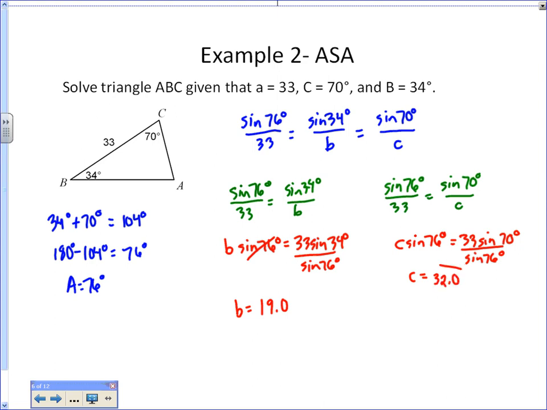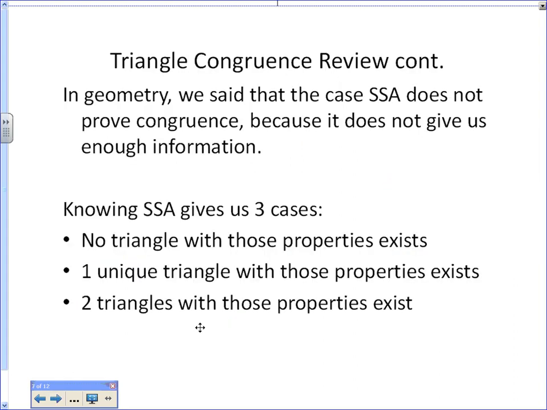So that's different. I was worried for a second we were doing the same exact problem again. That would be bad. Okay, so that's how we would solve for angle, side, angle. Now on the next video we're going to talk about a separate case which makes things more complicated.